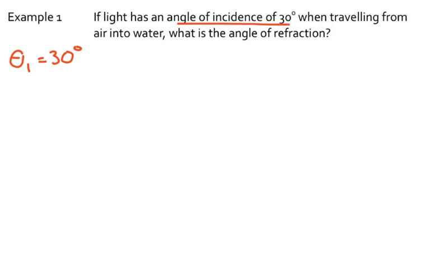We need to look at the index of refraction table. We're traveling from air into water. So N1, the first index of refraction, will be that of air, which when we look it up, is 1.0003. Travels into water, so that's our N2. Look up index of refraction of water, 1.33.